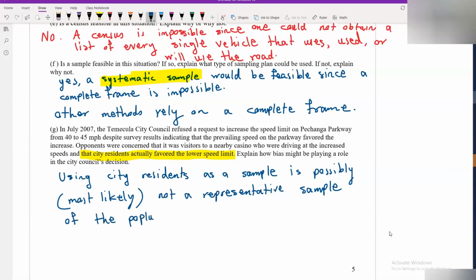But first we should know what our population is, what a good frame is, and based on that, what our sample should be.